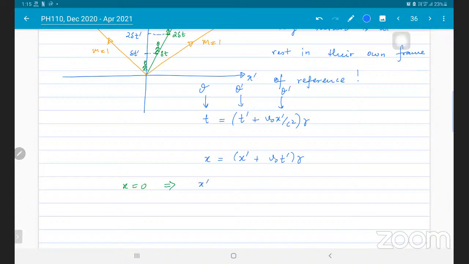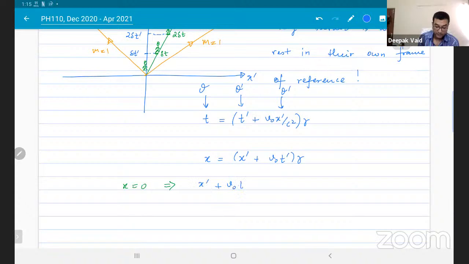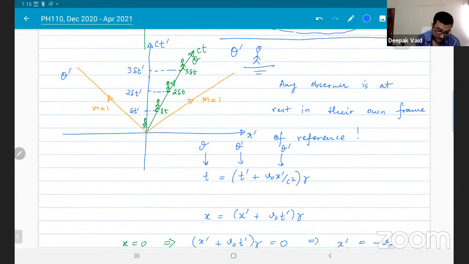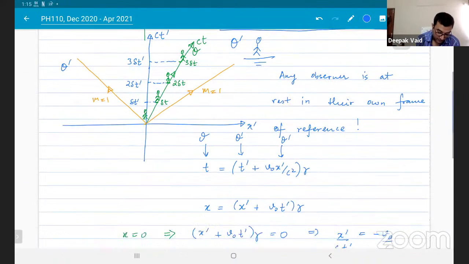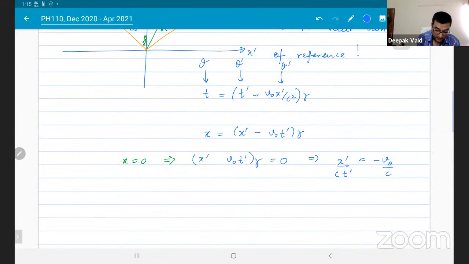It implies that x prime plus V naught T prime times gamma is 0, which tells me that x prime divided by C T prime is equal to minus V naught by C. I'm getting some sign error, so maybe I'll put a minus sign here, and then get a plus sign.